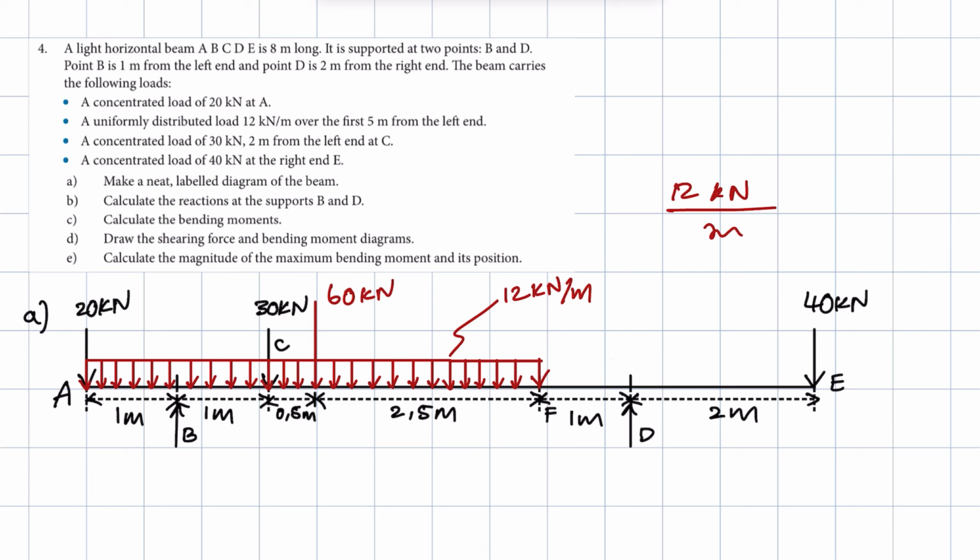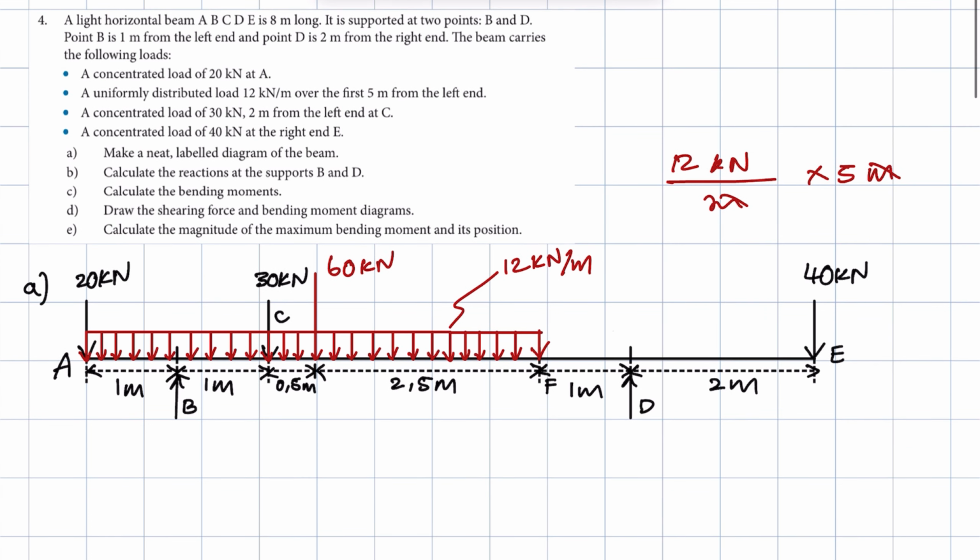The UDL is 5 meters long, so you multiply by 5 meters. The meters cancel, and 12 times 5 is equal to 60. So this 60 represents the weight of the UDL. This weight of the UDL we are going to use in calculating the reactions at the supports.